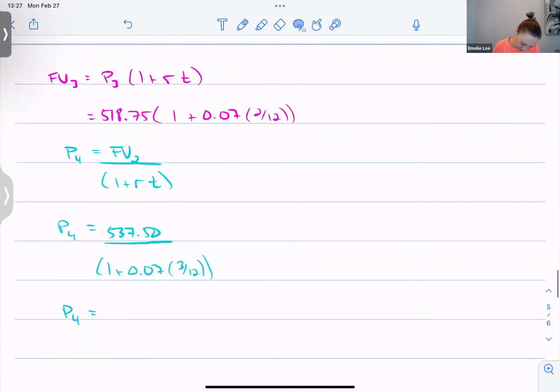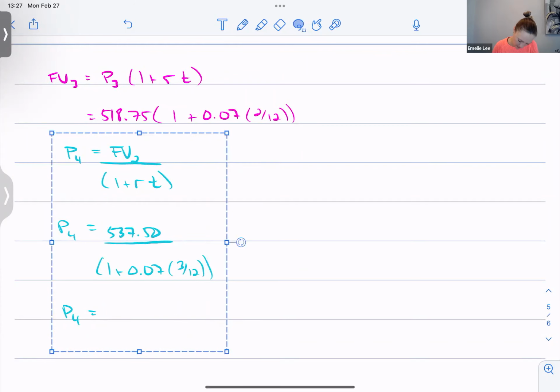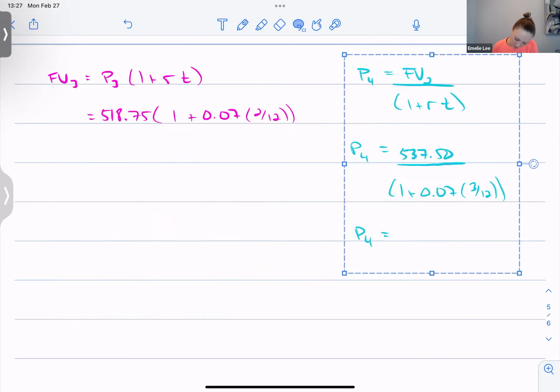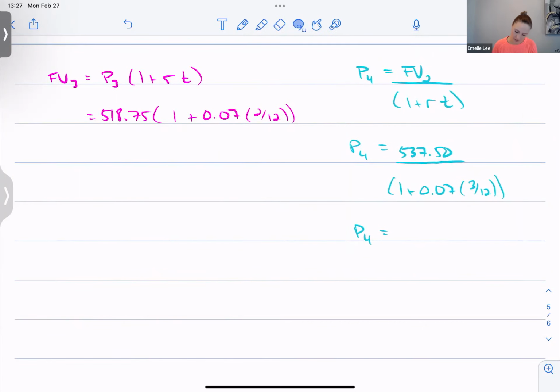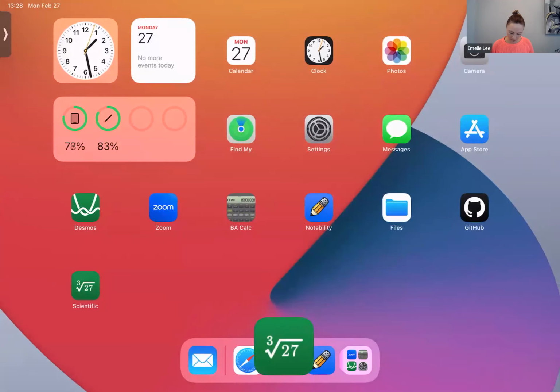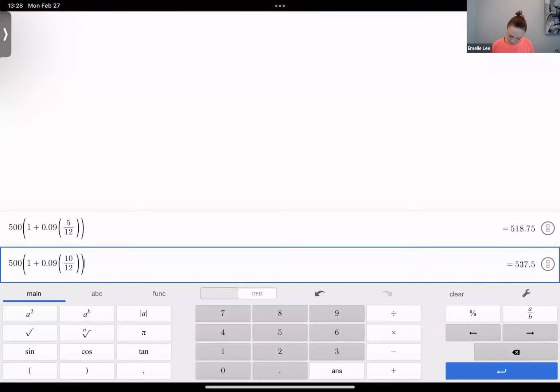Oh, I didn't solve this yet. Maybe I will put it over here. Sorry, guys, a little confusing. I realized I haven't put it into the calculator yet.